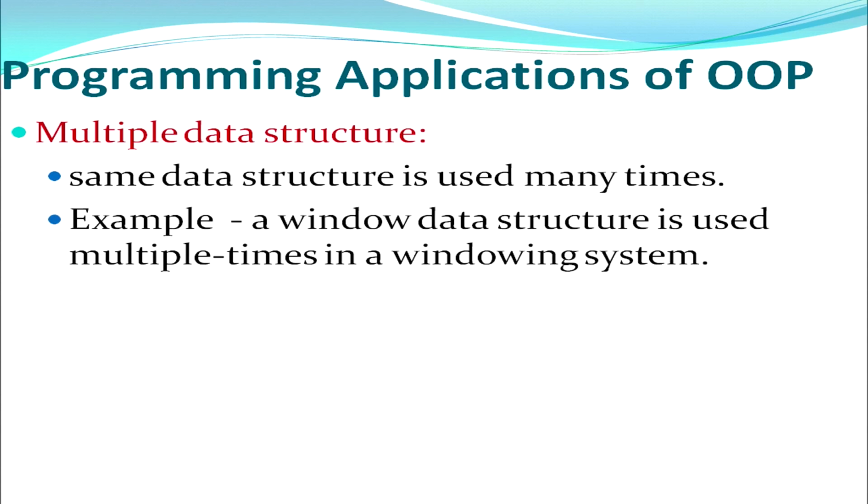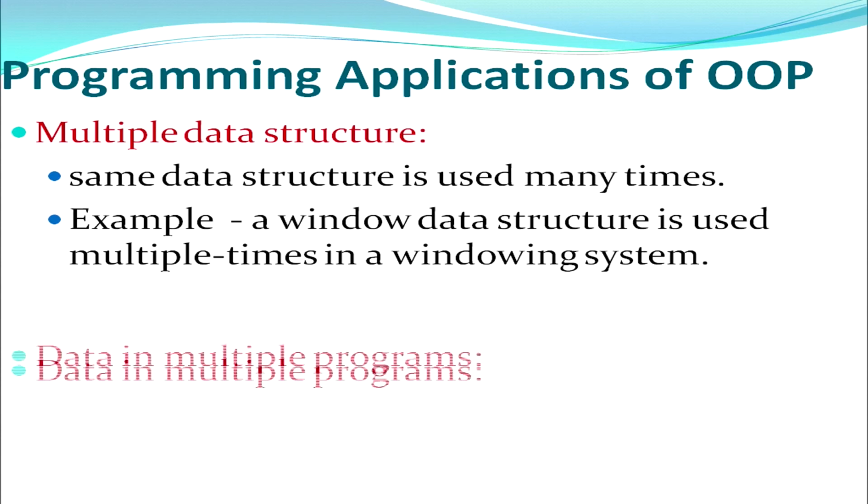For example, a window data structure is used multiple times in a windowing system. You must be having multiple windows on your screen. You are opening Windows Explorer, the audio file is also running simultaneously, and you might be viewing or editing pictures using Photoshop also simultaneously. So, multiple data structures can be handled in the Windows environment.